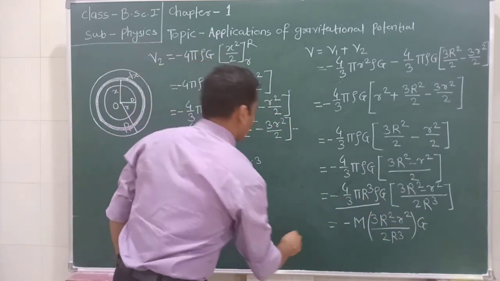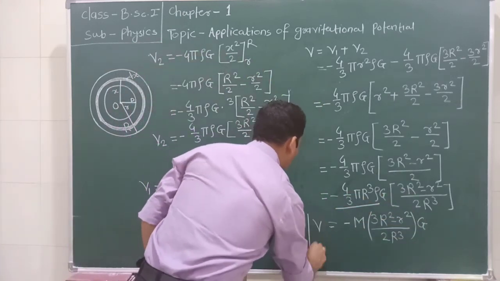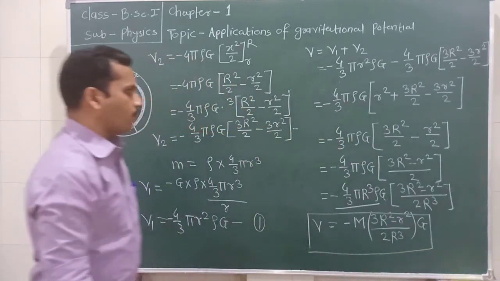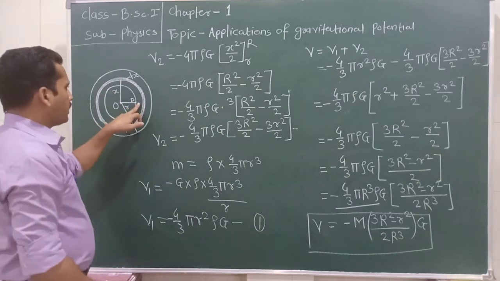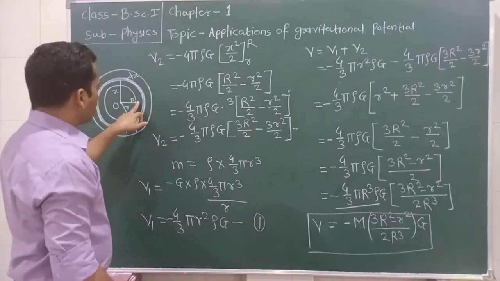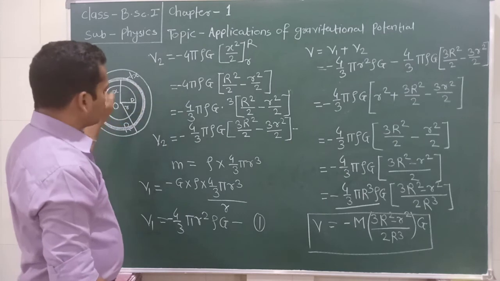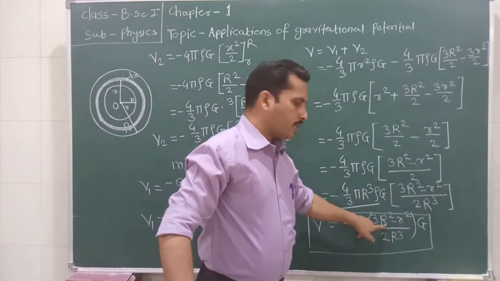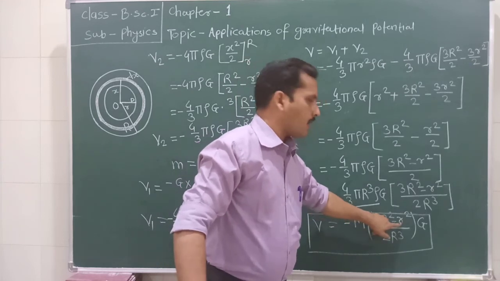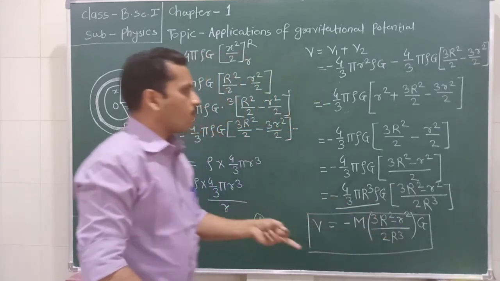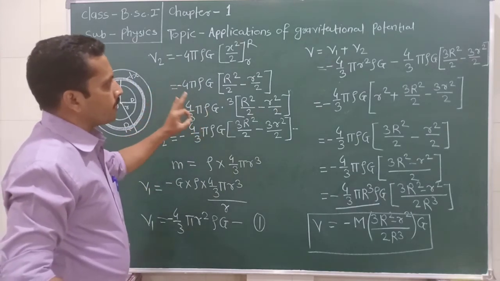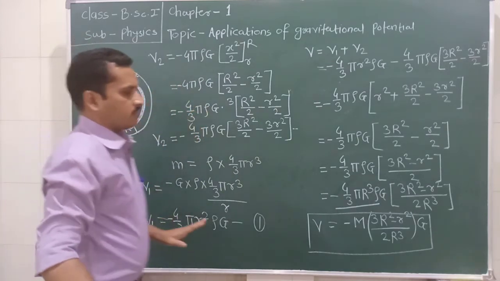This is the equation for the gravitational potential at a point inside a solid sphere, in which capital R is the radius of the sphere and small r is the distance of the point, at which the gravitational potential is to be calculated, from the center.